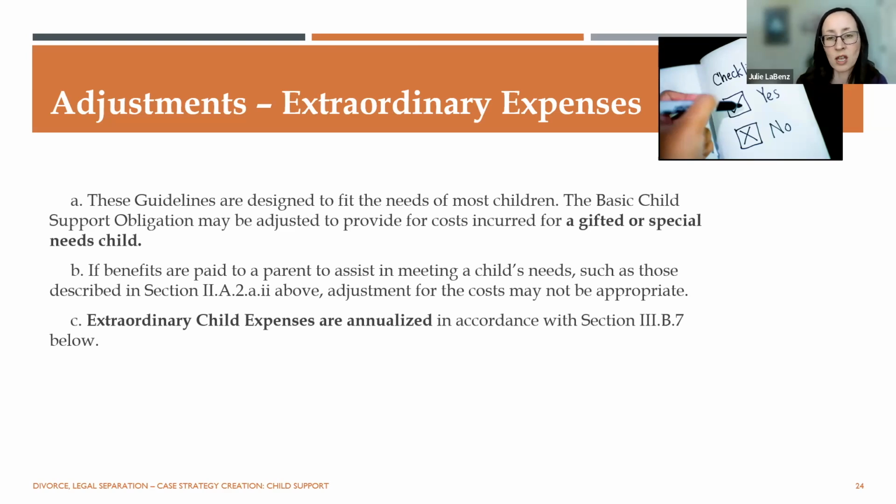So if your child has extra education expenses for a tutor, for example, but you're getting state assistance that's paying for that tutor, then you don't get credit for the cost of that tutor in the worksheet. And again, if your extraordinary child expense is not incurred every month, then it can be annualized.